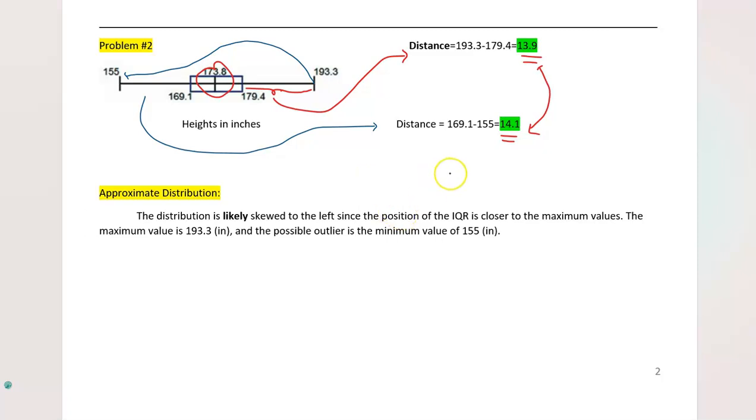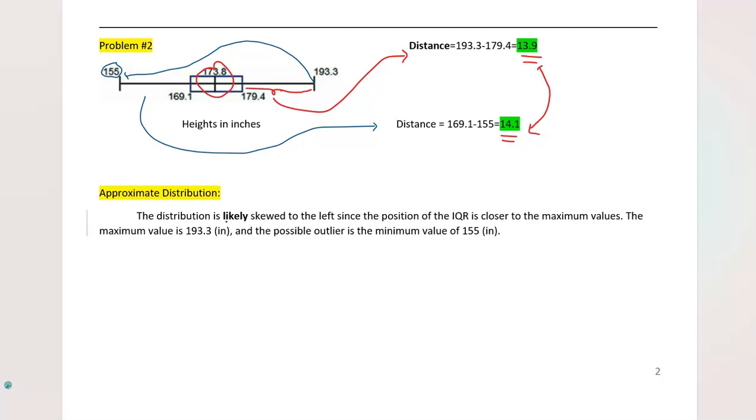You would report the maximum value, and here your possible outlier will be the minimum. That means that if you were to have extreme values, they're going to be on the left, and it just happens to be 155. Okay, once again, your wording is going to be either likely or approximately.